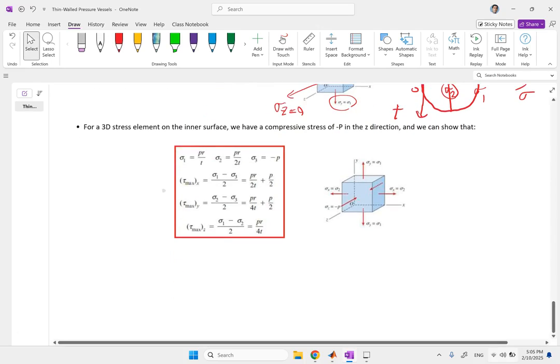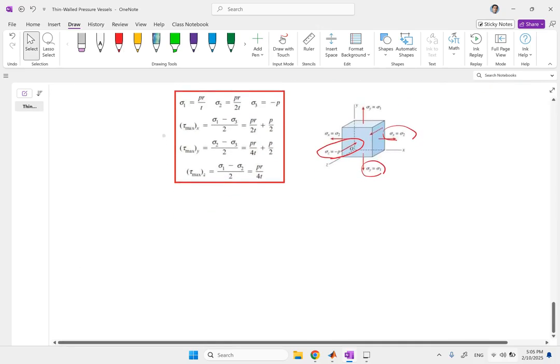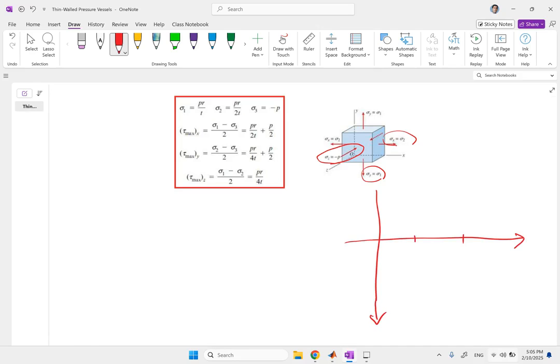Now, if the element is on the inside, not only do you have sigma 1 and 2, on the inside you also have sigma z equal to negative pressure. In this case, if you look at your 3 sigmas, your Mohr circle is more interesting because you have sigma 1 and sigma 2, and then you have negative pressure sigma 3. So the biggest circle in this case is the one going from sigma 1 to 3.